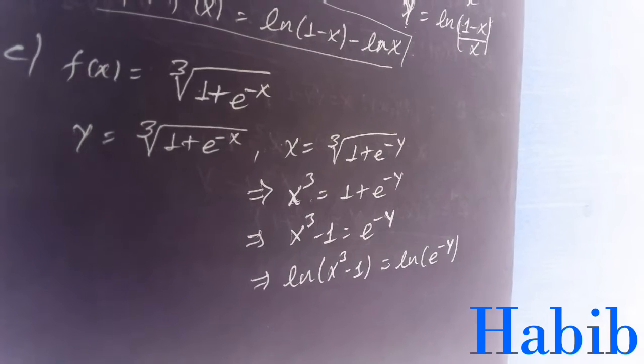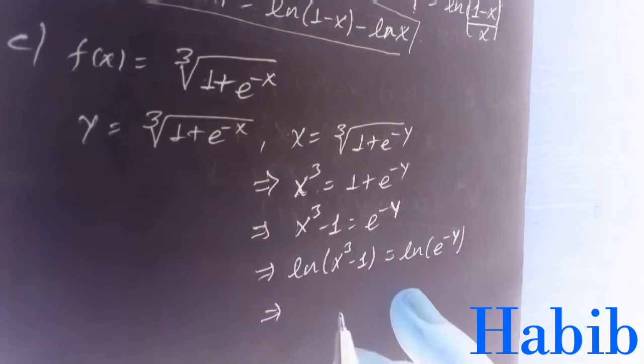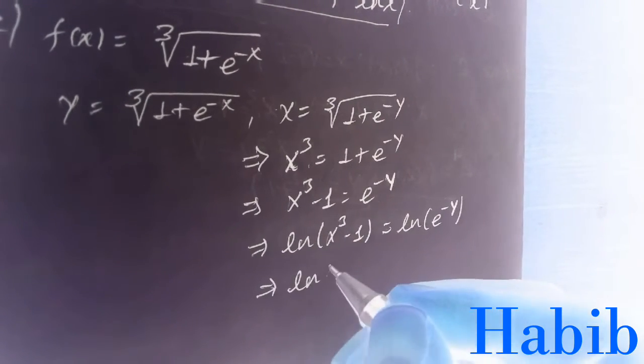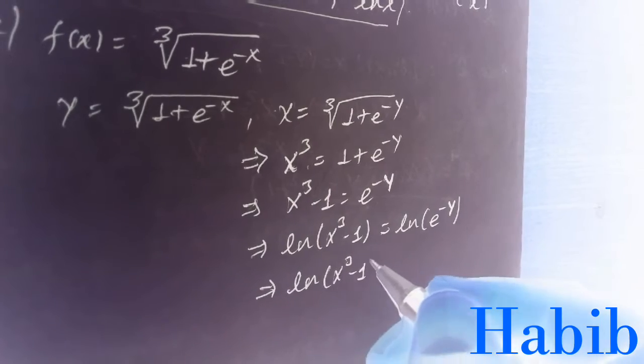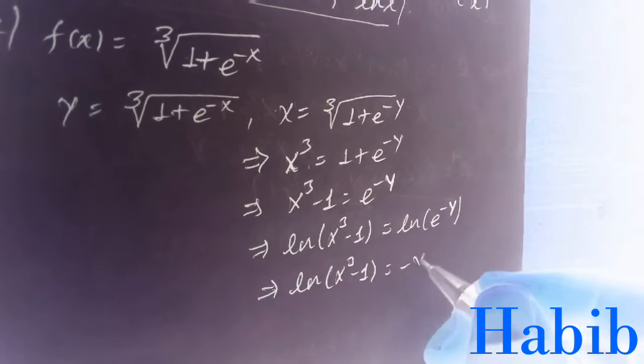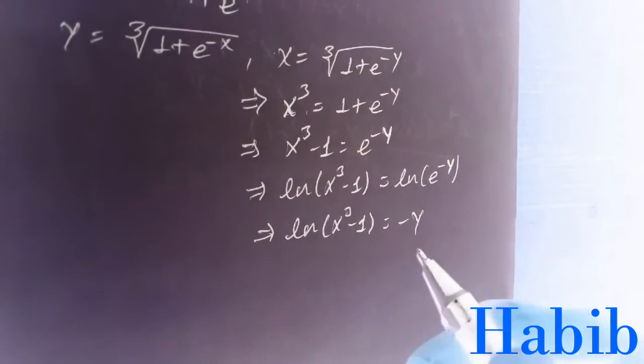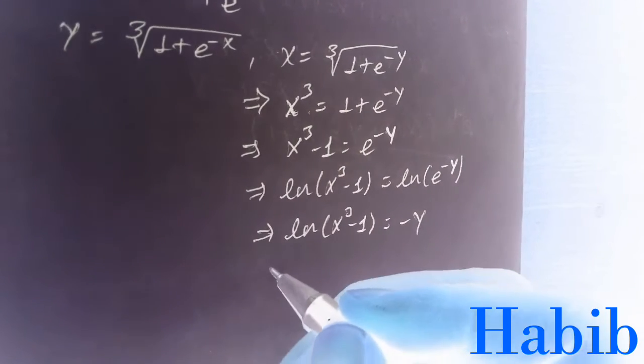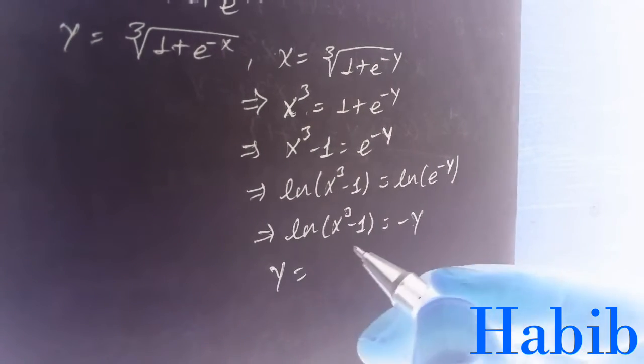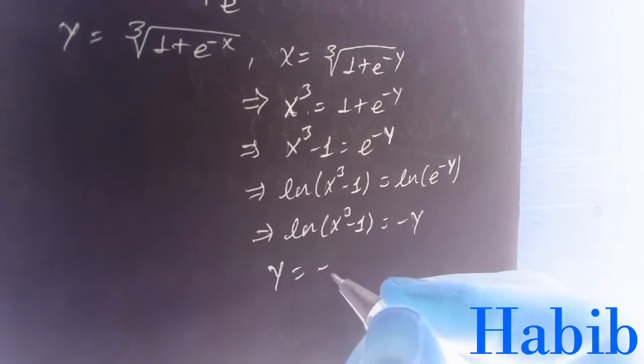This implies ln(x cubed minus 1) equals minus y. So y equals minus ln(x cubed minus 1).